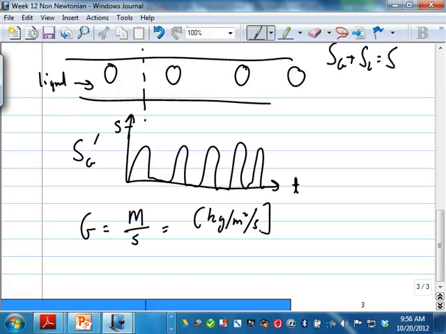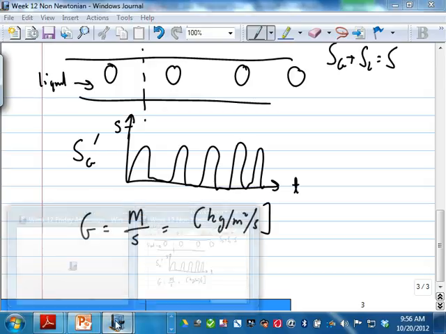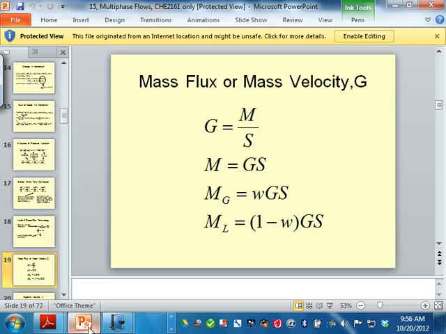The flux. M is GS. mg, again, is the mass of the gas. It is the mass fraction multiplied by GS, where G is the mass flux times area. It's just another way of writing it.